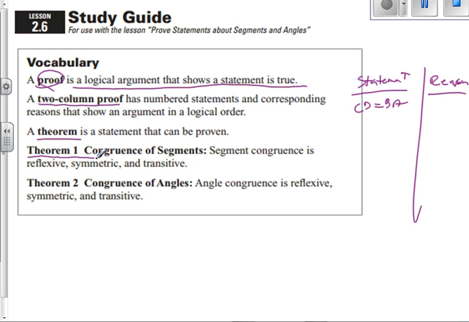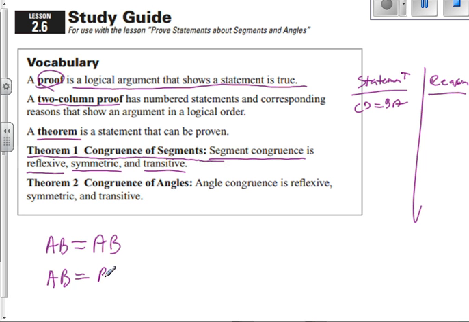Here's one theorem right here. It's the congruence of segments, and it says that segment congruence is reflexive, symmetric, and transitive. If you remember what reflexive is, in terms of segments you might say AB is equal to AB. For the symmetric, we might say AB is equal to BA.